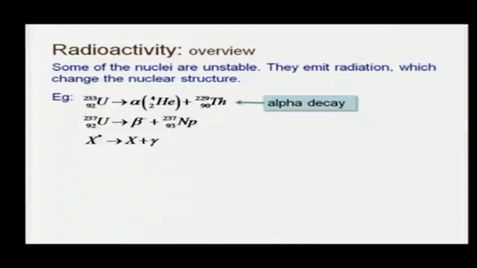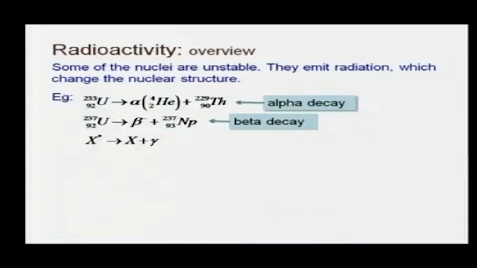This helium nucleus is called an alpha particle, and the second example is an example of a beta decay. The emitted particle is called a beta particle, a negatively charged particle. We will see that these negatively charged particles are nothing but electrons coming from the nucleus.